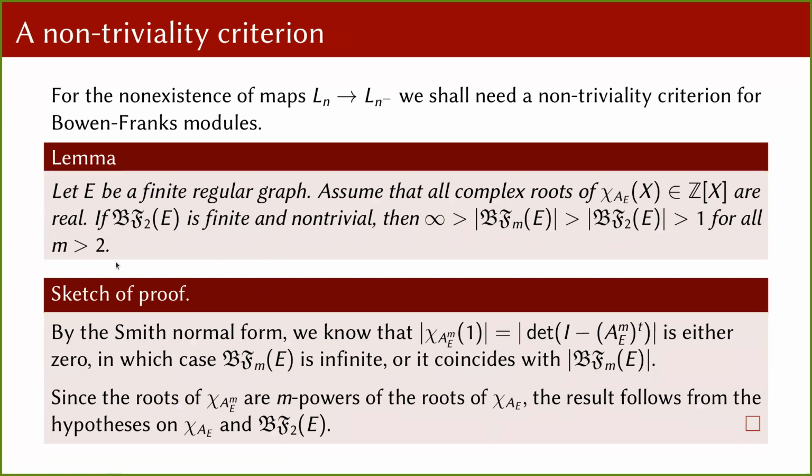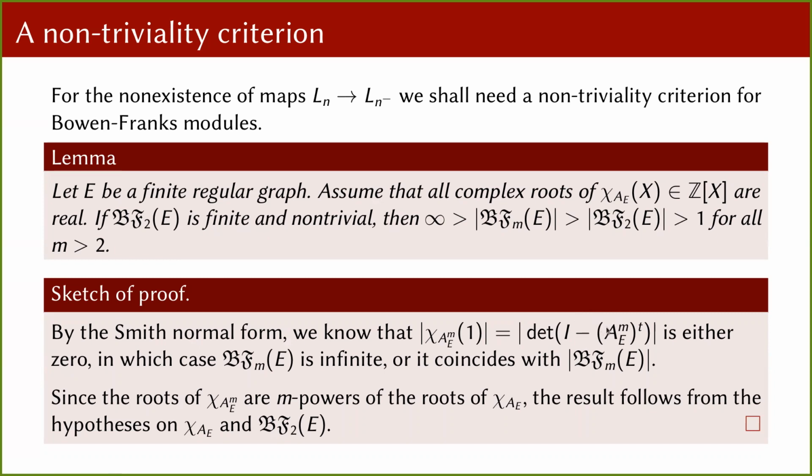And the sketch of the proof is, once again, we will use the Smith normal form in a way. So if we use the presentation of the Bowen-Franks Cm module as the cokernel of this matrix here, then we know that as an abelian group, the product of its invariant factors is equal to the determinant of the matrix, which again one can state as evaluating the characteristic polynomial of this other matrix at 1.